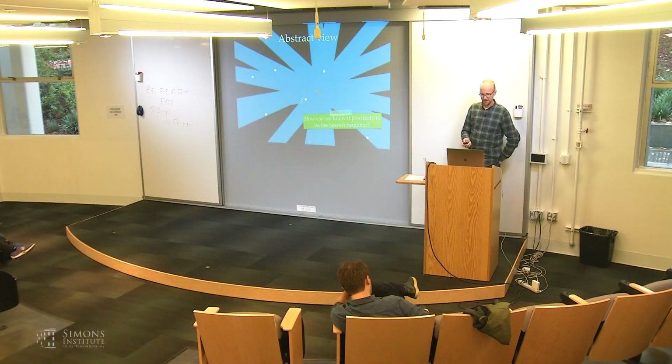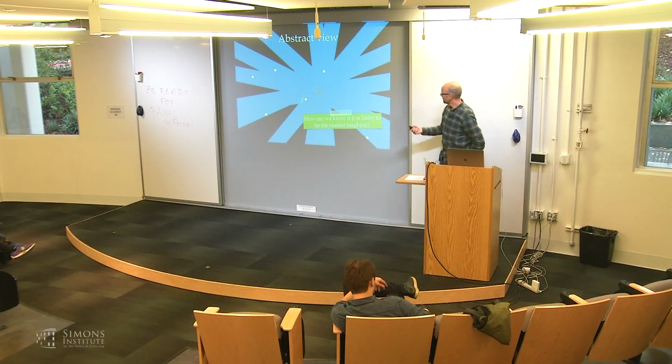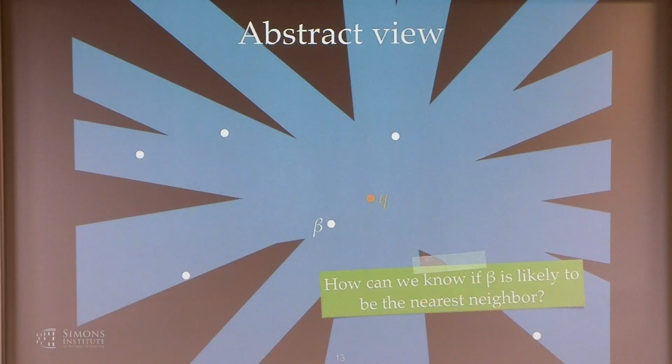All right, and if you look at this picture, it kind of looks like we should be pretty safe, right? Because we kind of looked everywhere inside this ball, it seems. But in general, what does it take to be pretty sure that what we have found so far is actually the nearest neighbor?